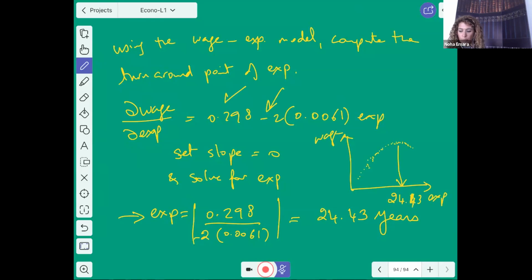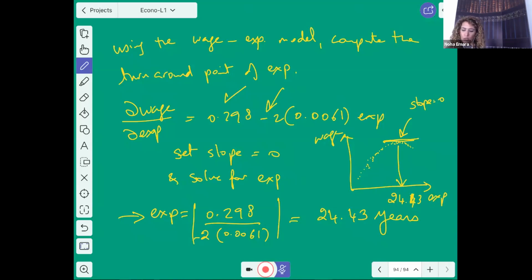If you reach this point, the slope is 0 and the slope stops moving. Any point before 24 years and 0.43 is a positive relationship, so wage would increase. Any point after that, wage would fall.